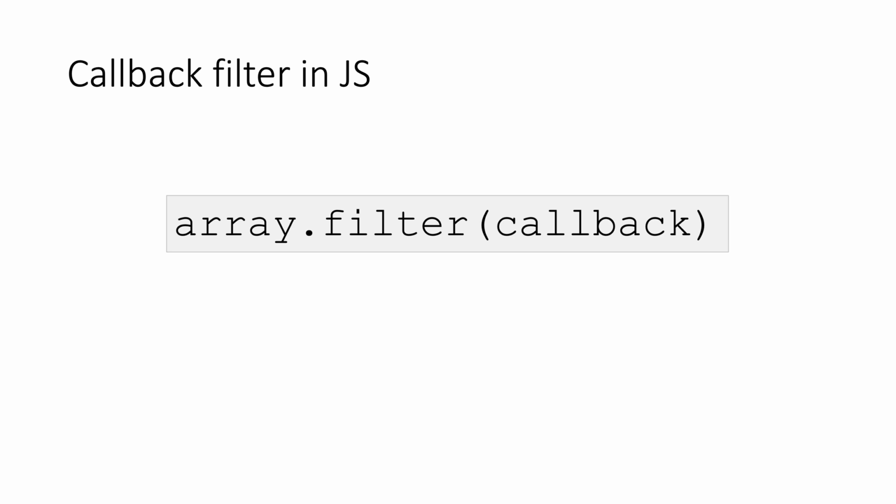And this condition is that if you return true from this callback function, the item will be kept. That is, the filtered list will contain that item. And if you return false, then it will not. So let's go ahead and take a look at the code and see how we can write that.